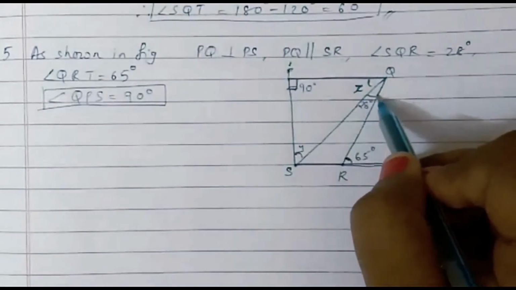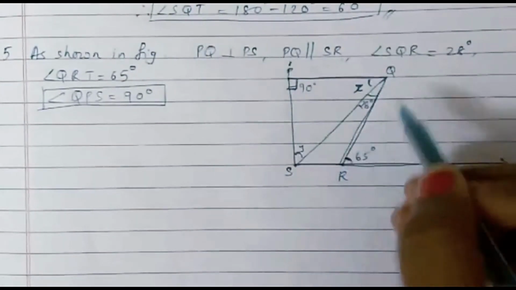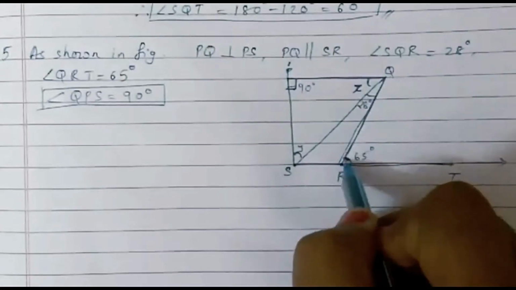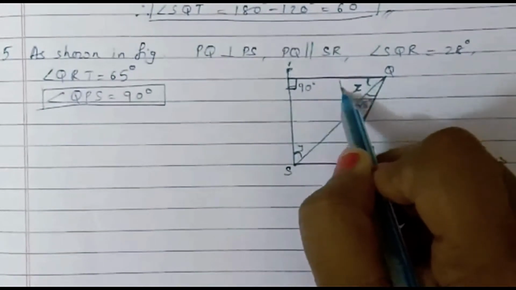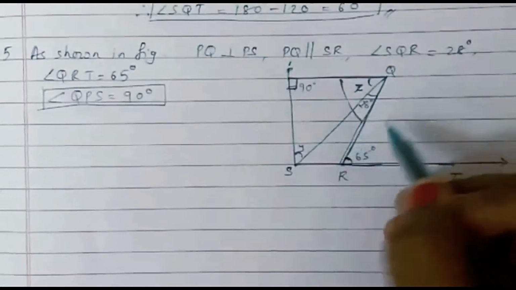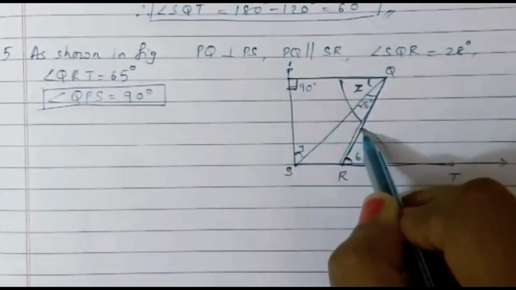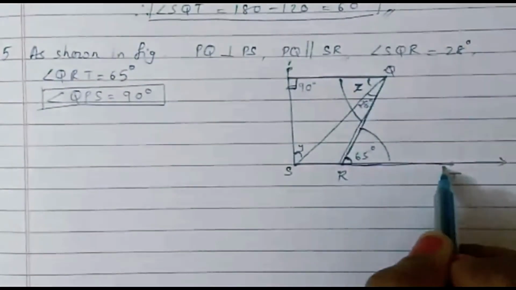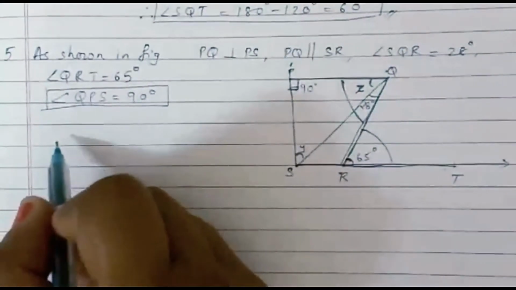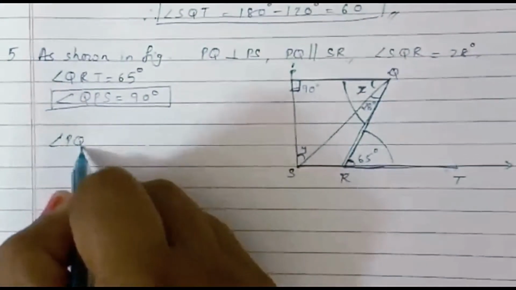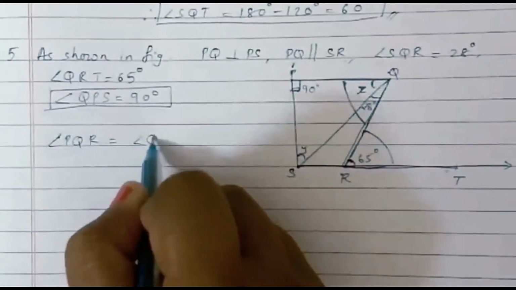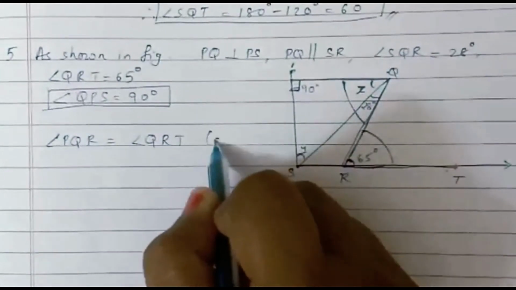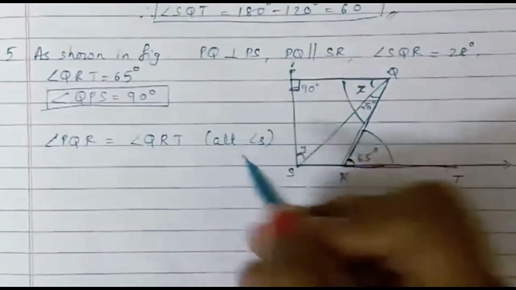If I consider QR to be a transversal, so I'll get a Z shape over here. That means I'll be getting this angle PQR is alternate to angle QRT, right? So we can write angle PQR is equal to angle QRT, as they are forming alternate pair of angles, right?